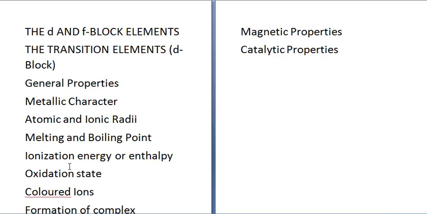Elements showing maximum oxidation states are present in or near the middle of the series. For example, manganese shows oxidation states from +2 to +7. Its highest oxidation state is +7. The highest oxidation state of +8 is shown by osmium or ruthenium.